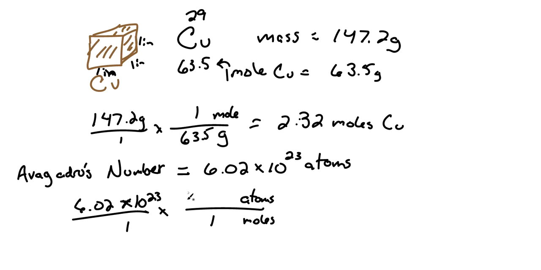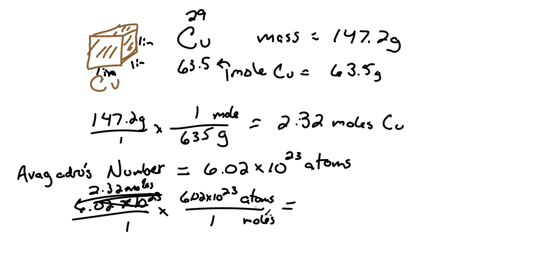And we know 1 mole has 6.02 times 10 to the 23rd atoms. This number right here is what we have. We have 2.32 moles of copper. So we're basically going to take 2.32 times 6.02 times 10 to the 23rd.